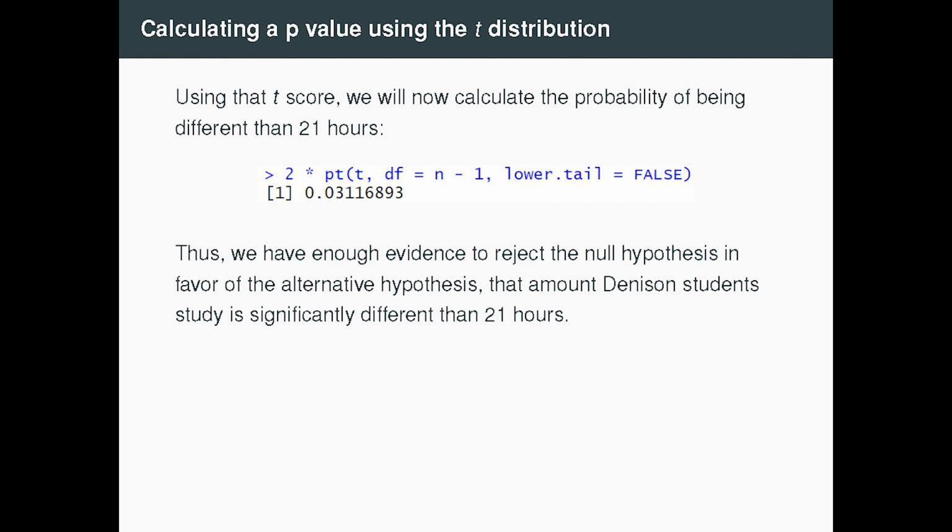Thus, when we do that, we see that we get a p-value of 0.031. And because this value is less than 0.05, we will say that we have enough evidence to reject the null hypothesis in favor of the alternative hypothesis, or that the amount Denison students study is significantly different than 21 hours.